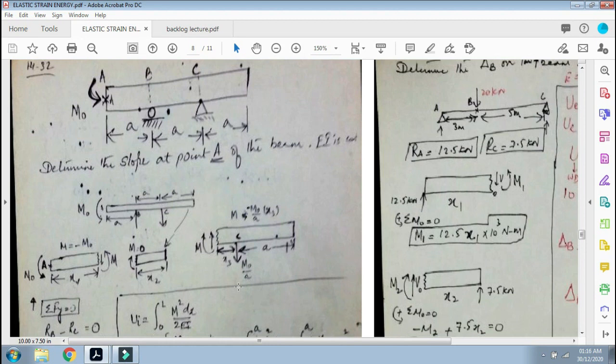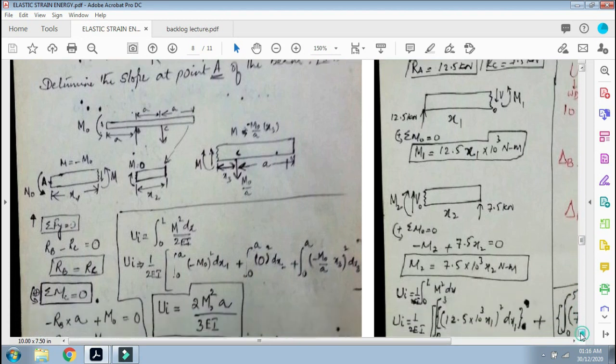So basically when you take the moment, it will be clockwise, so it will be minus M naught upon a times x3. Both are clockwise, so M equals minus M naught upon a times x3.